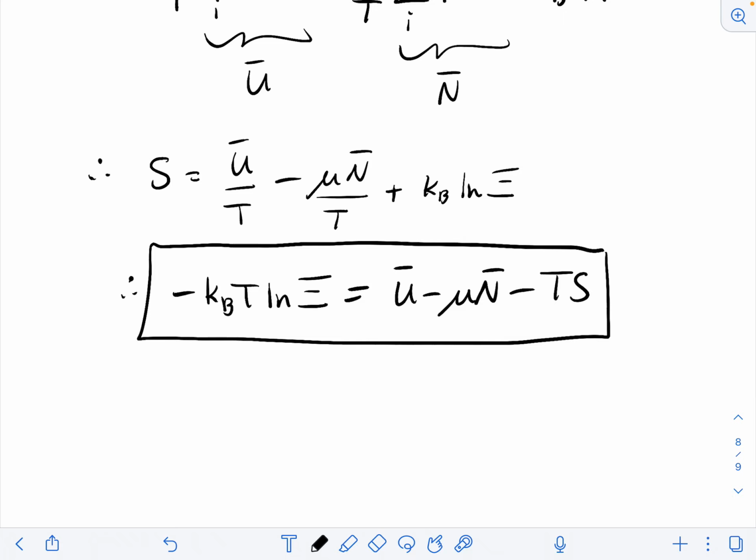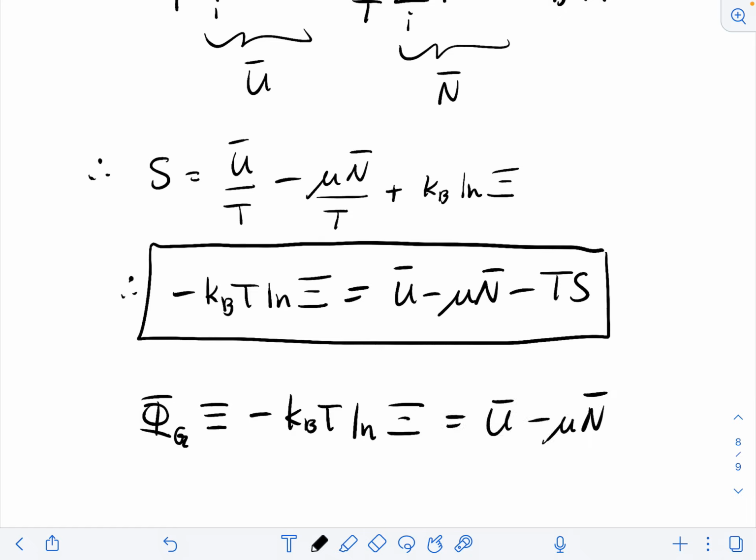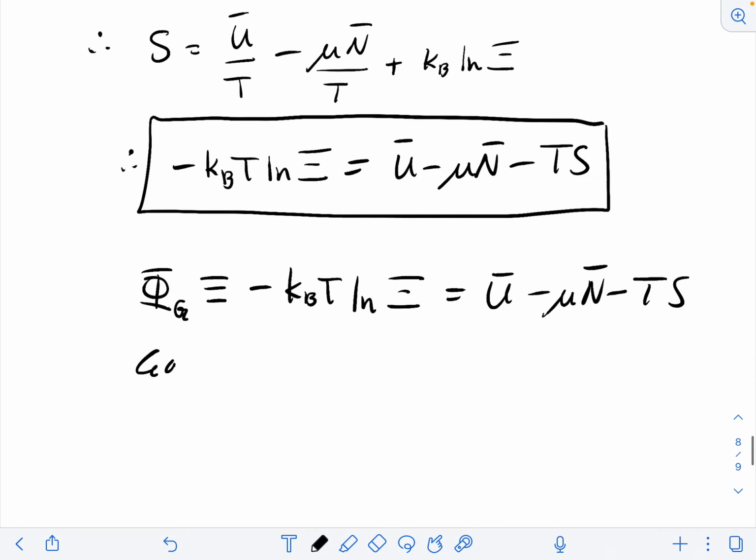So it's given capital letter phi with a subscript g, and this is defined to be minus kB T ln K, which is equal to U bar minus mu N bar minus TS. And so this is the grand potential.